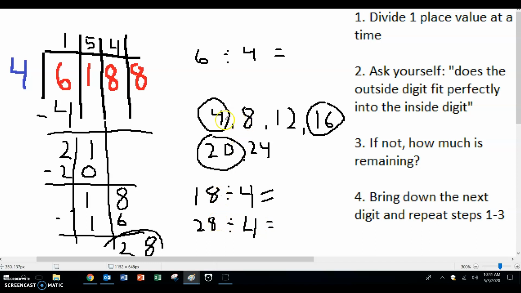Let's look here. 4, 8, 12, 16, 20, 24. Let's see if we can get closer. Add an extra group of 4, and we get 28. 4 fits perfectly into 28. And we get there with 1, 2, 3, 4, 5, 6, 7 groups of 4.